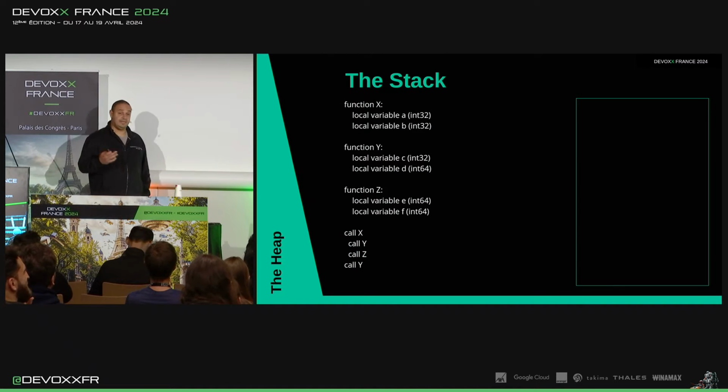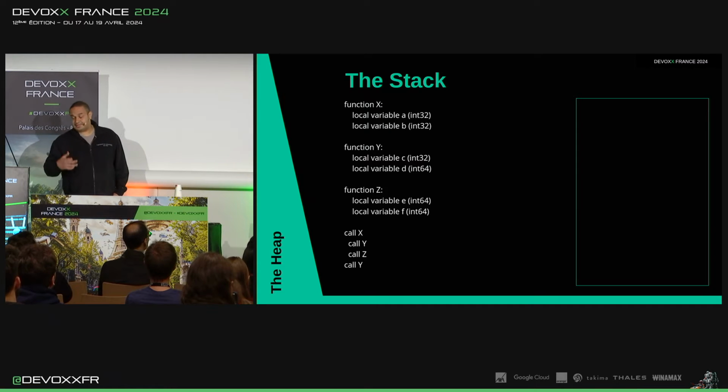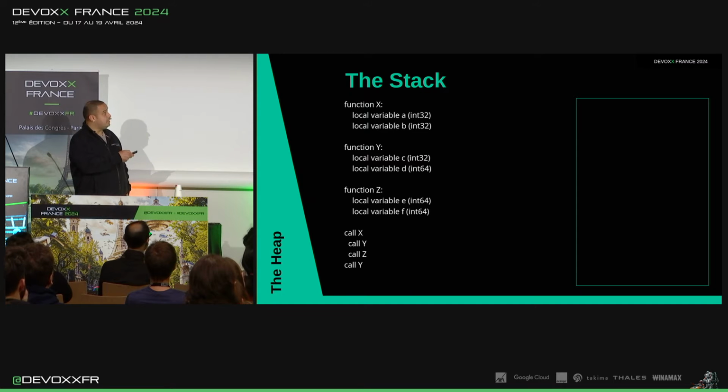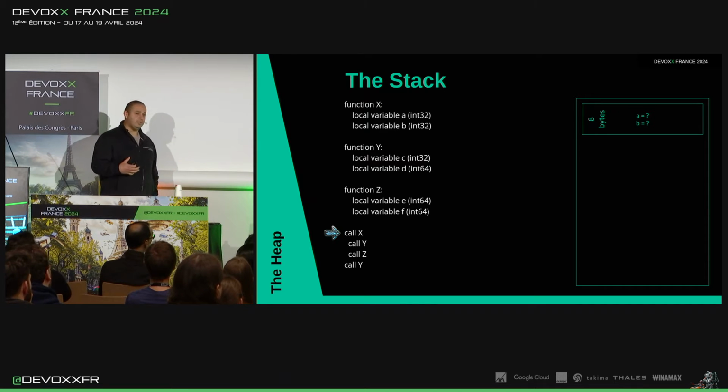The stack is exactly that, a stack, a pile of things. You can imagine the stack as a pile of things, but a pile of what? Basically, imagine these 3 functions here. You can have one function that has 2 local variables, another that has another 2 local variables, another one that has 2 local variables. If I call the first one, what is going to be created is what is called a stack frame.